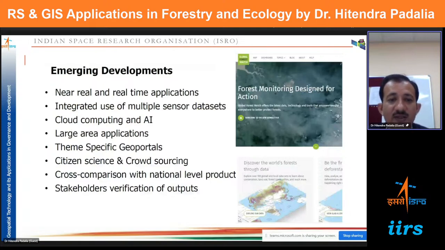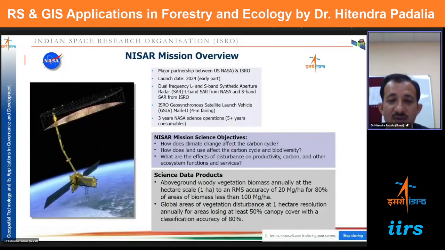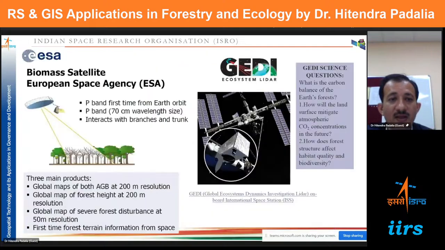So these satellites will help us generate a lot of ecological information about the ecosystem. For example, the Biomass mission from the European Space Agency is coming, which will give information about the carbon stock of very dense forest, like tropical rainforest.